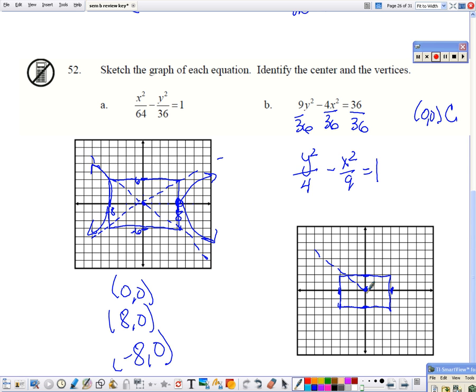The diagonals are my asymptotes. Oops, I missed that one. And because y is first, it opens in the y directions. My vertices are at 0, 2, and 0, negative 2.